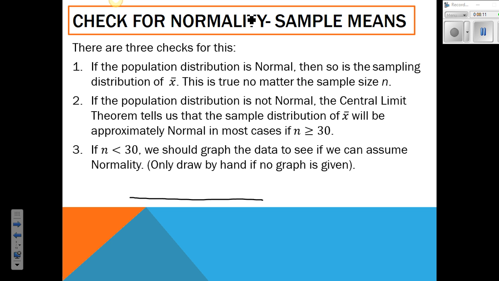What kind of shape are we looking for? We're looking for bell-shaped, right? And we're looking for what? Say it louder. Say it with pride. Symmetric. Say it so the YouTubers can hear you too. Right? Okay. So what else? Unimodal.